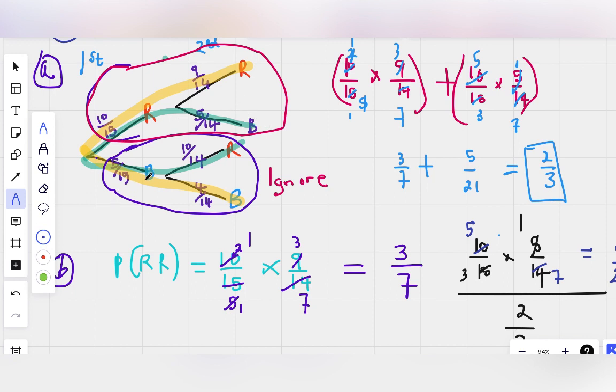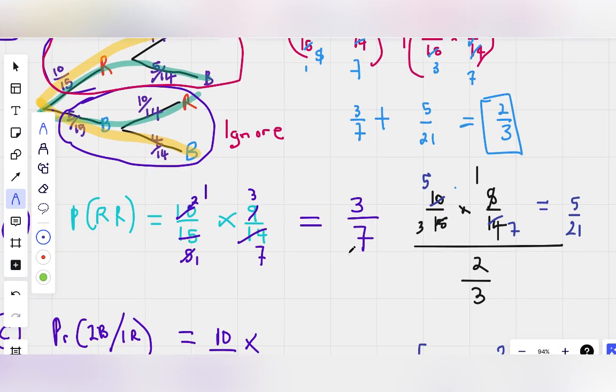But in that case, we're going to ignore the top, because the first one must be black. So you find the total probability for this branch and this branch. You do this times this plus this times this. You get the total probability. Then you do the probability of this only branch over the total. You get the answer. Okay?